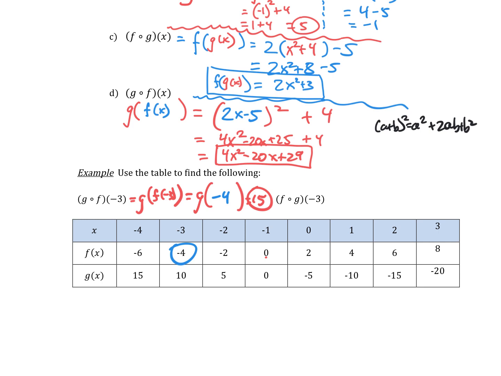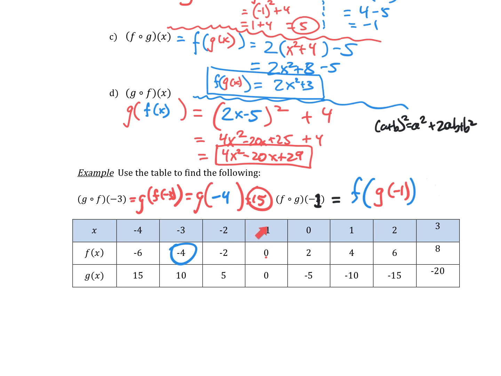And this next one, let's change this example a little bit because the table actually doesn't work for negative 3. So a quick little fix there. Let's find f of g of negative 1. All right, we can do that. So we're going to take the function f and we're going to put into it g of negative 1. And we ask ourselves, what is g of negative 1?